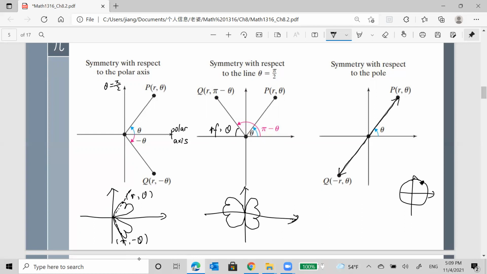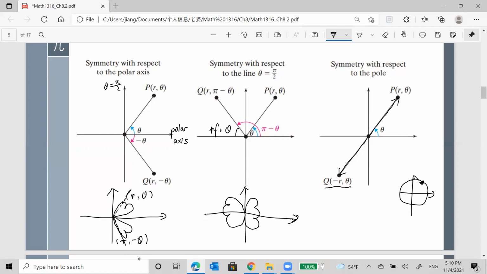So if I have the point (r, theta) here, and I don't change theta at all, just keep the theta. How about negative r? That means the r changed direction. So draw this first. Negative r means going to another direction, backward. So I got (negative r, theta). So this Q point is (negative r, theta).